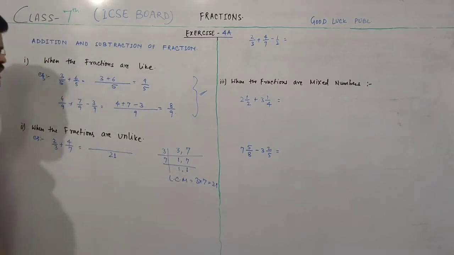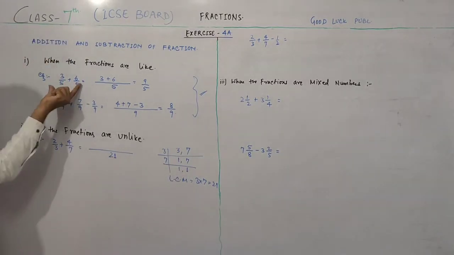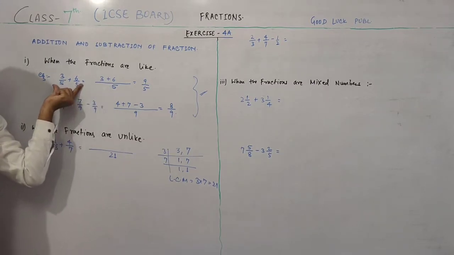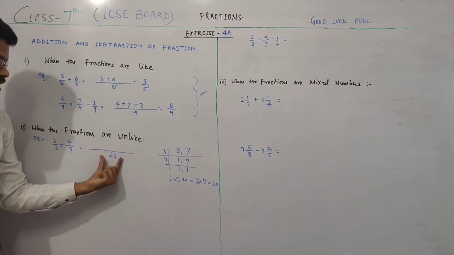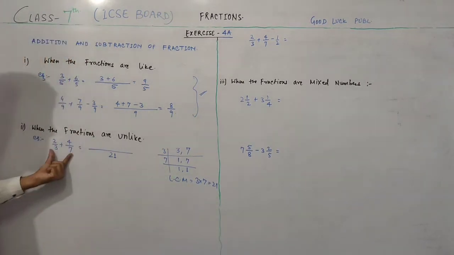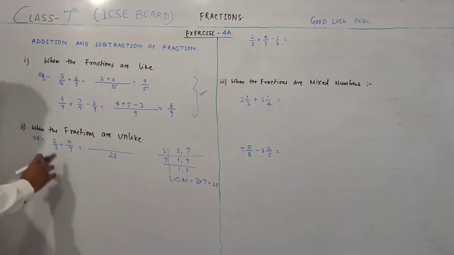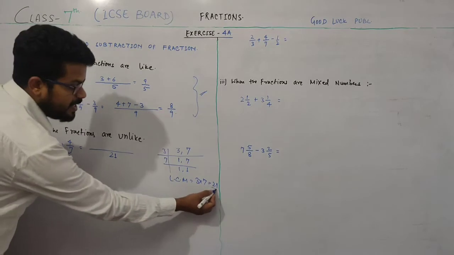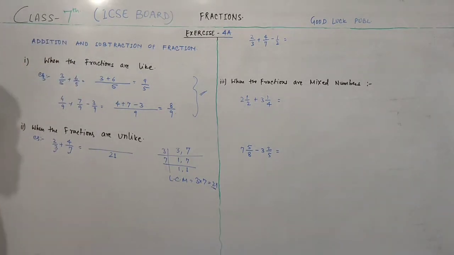I write 21. In the like case we simply wrote the number in the denominator, but in this case we write the LCM of the two denominators. The LCM of 3 and 7 is 21, so I write 21 here.